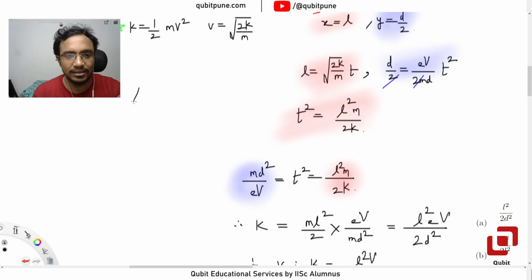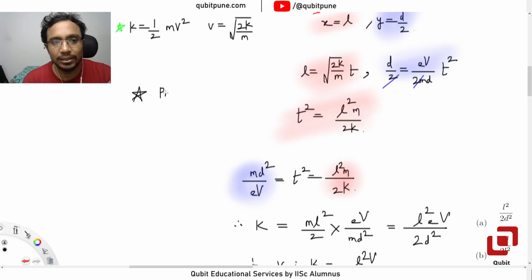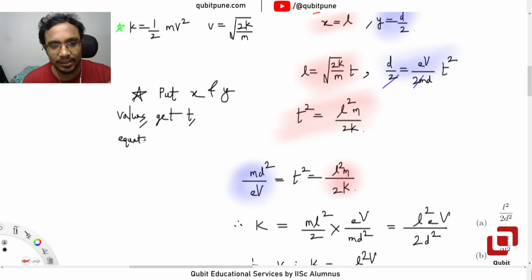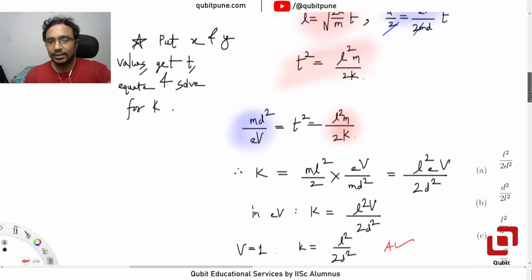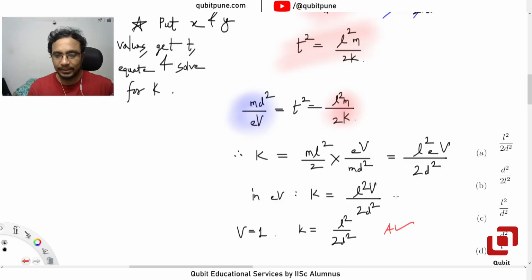ठीक है, तो मैं यहाँ पे एक कमेंट ऐड कर देता हूँ. So what I did is put x and y values, get t, equate and solve for K. If you do that, you will get in joules as L squared EV by 2D squared, and we know whenever you want to convert any energy in joules to electron volts, we divide by the charge on the electron. तो मैंने उसको कर दिया वहाँ पे divide.